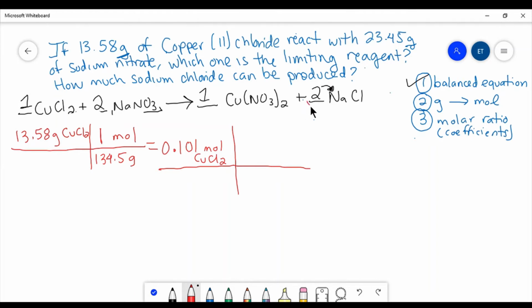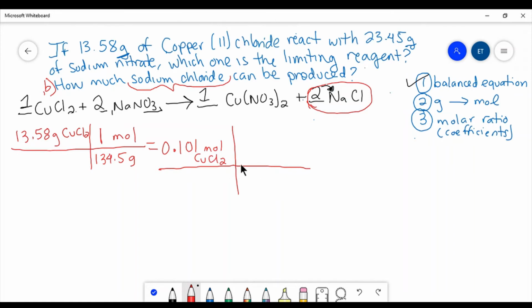I'm going to choose this one because if you notice, I wrote a second part to this question and it's asking me specifically for one of the products, which is sodium chloride.